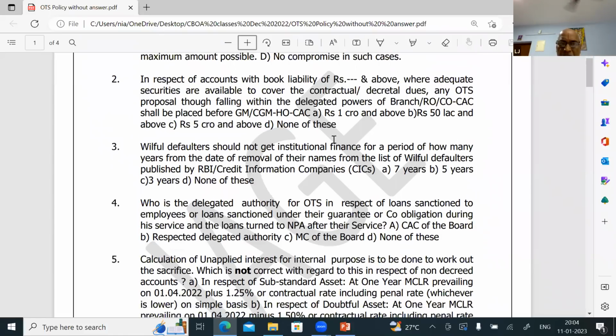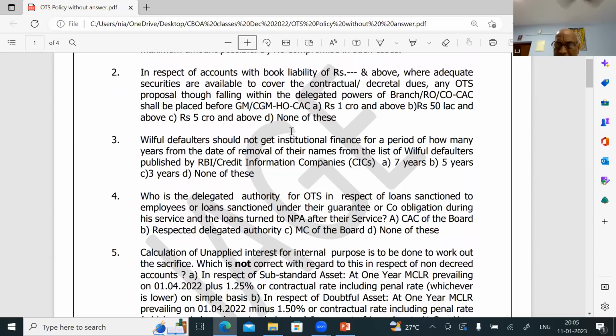Question number 3. Willful defaulters should not get institutional finance for a period of how many years from the date of removal of their names from the list of willful defaulters published by RBI, Credit Information Company, CIC. Friends, who is a willful defaulter?